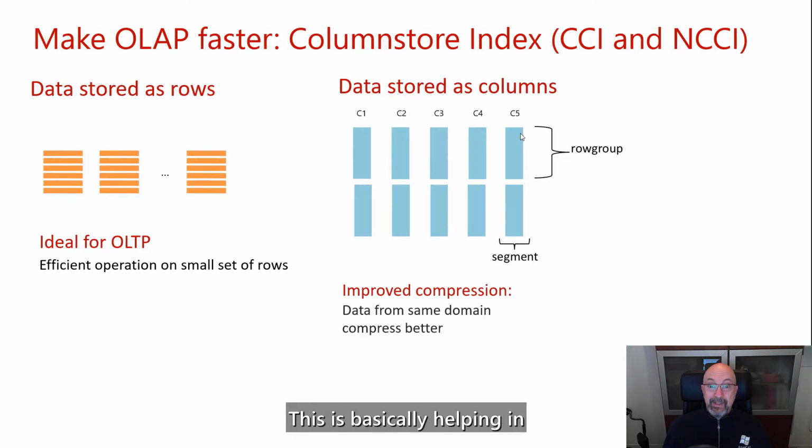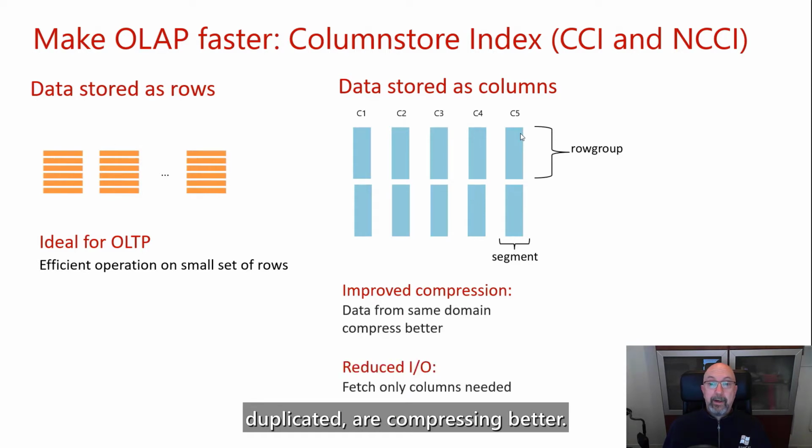This is basically helping in improving compression, because data that belongs to the same domain, so the same data type, and in most cases a lot of data can be effectively duplicated, compresses better.